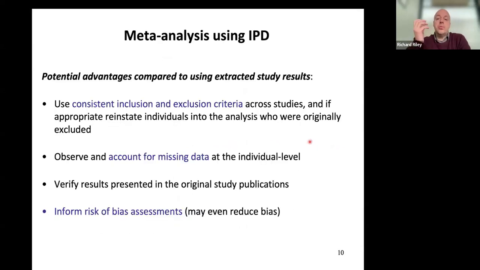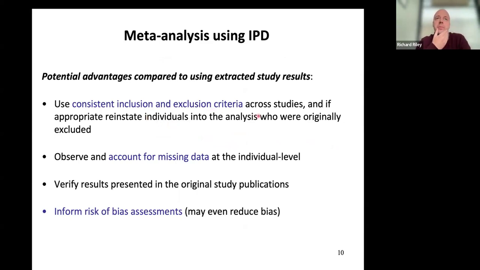So because we've got the raw data, we have many potential advantages compared to if we did a traditional meta-analysis where we extract study results, also known as aggregate data from publications. Let's go through some of these quickly. So first of all, because you got the raw data, you could maybe use more consistent inclusion and exclusion criteria across studies.